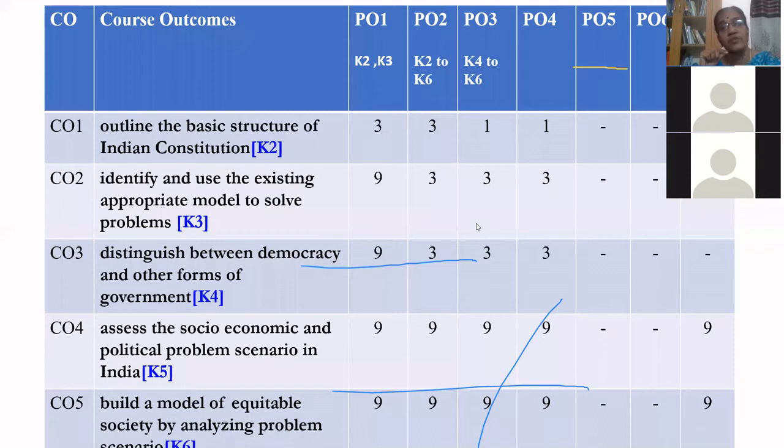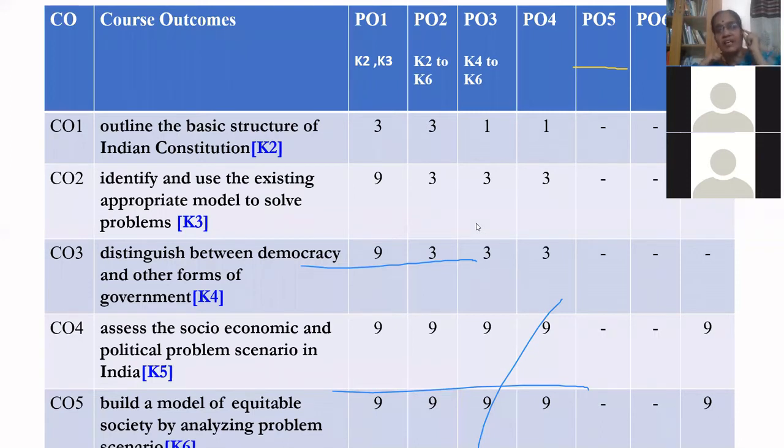And with PO2, critical thinking, problem solving, analytical reasoning, with knowledge you can go up to create level, problem solving, critical thinking. So it addresses the outcomes from K2 to K6. Then PO3 is research related skills. So it starts from evaluate K4 to K6.